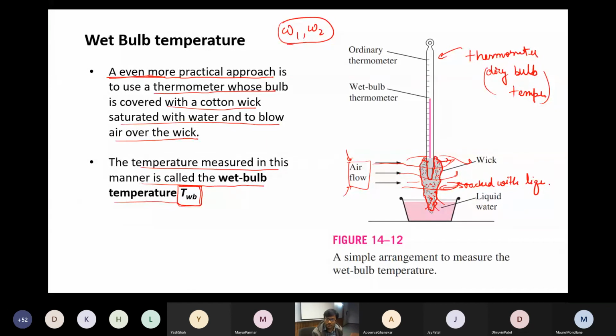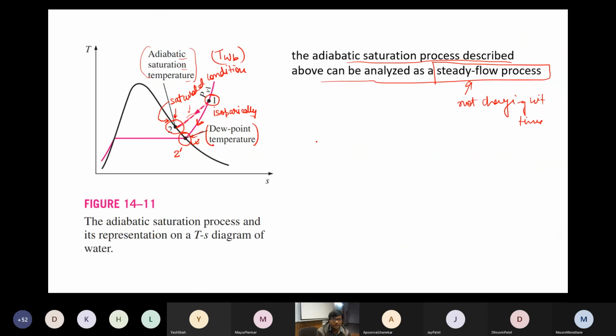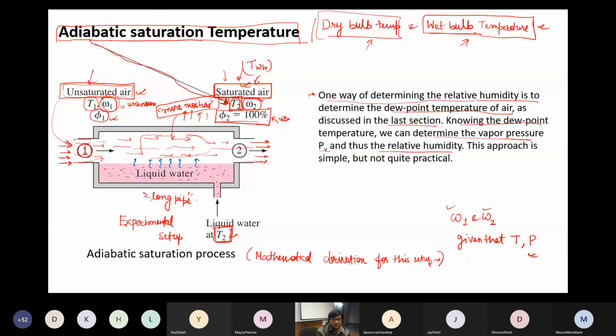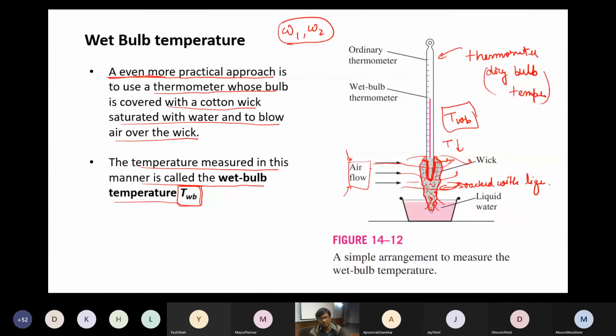In order to do that, the temperature associated with this thermometer surface will decrease in some sense. Whatever temperature it reads is called wet bulb temperature, which is nothing but the temperature T2 you are getting over here. So both are the same. This is another way to find the wet bulb temperature.